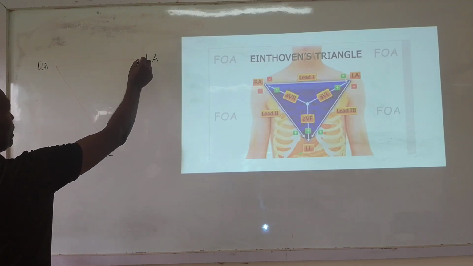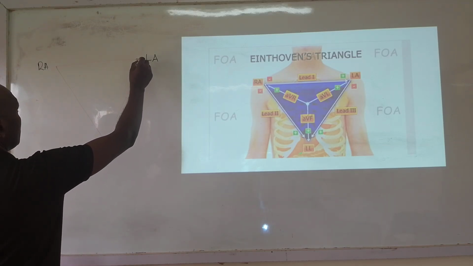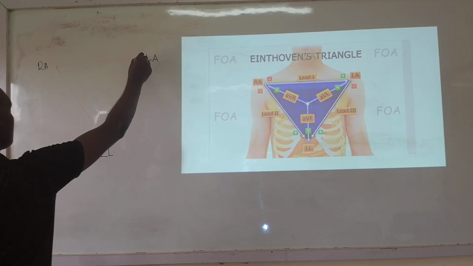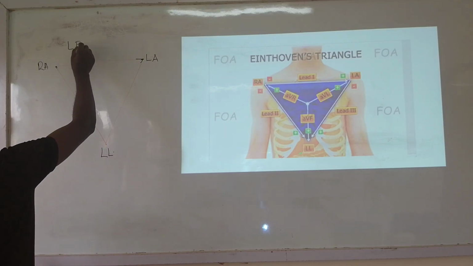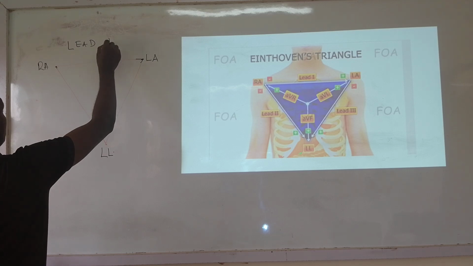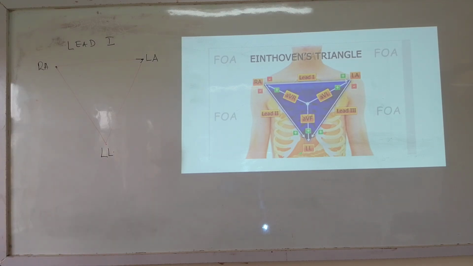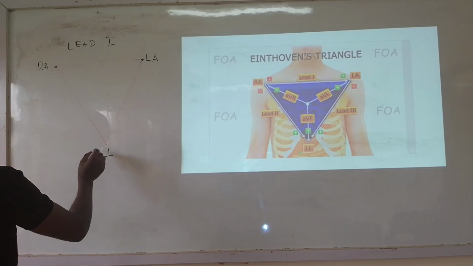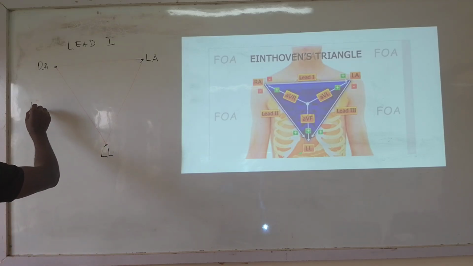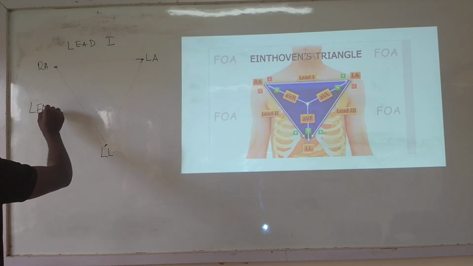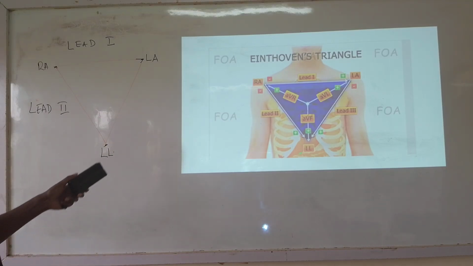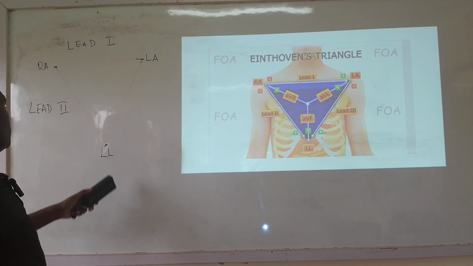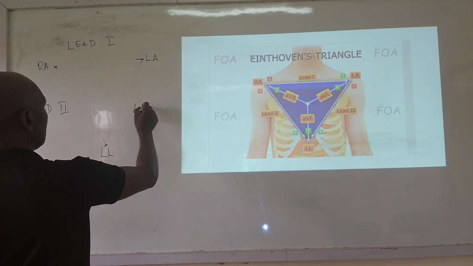So, electrical charge that is picked from this point to this point gives us lead 1. Then the electrical charge that is picked from this point to this point will give us lead 2. Lead 2. Then the electrical charge that is picked from this point to this point will give us lead 3. Lead 3.